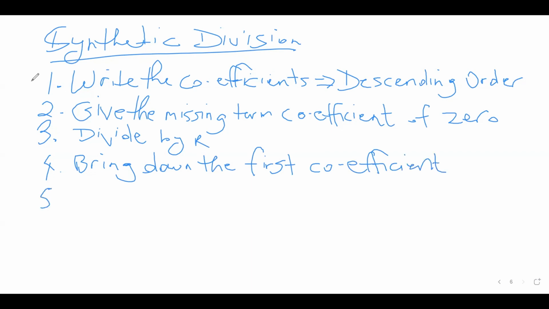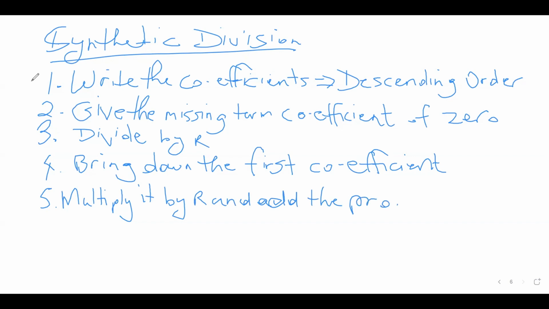Step 5, multiply it by r, and then we're going to add the product to the second coefficient.